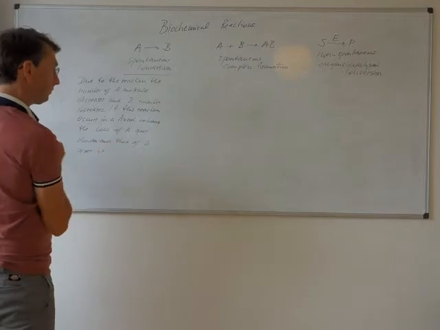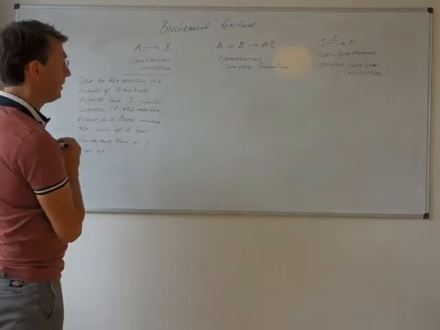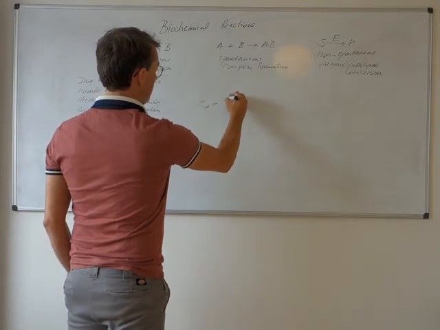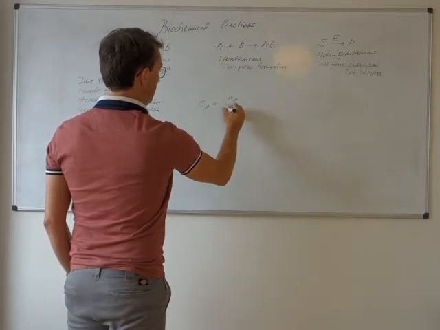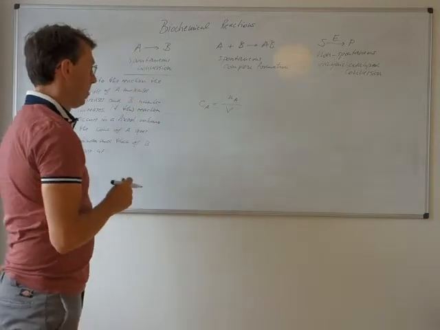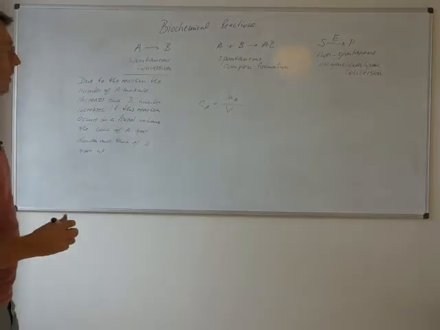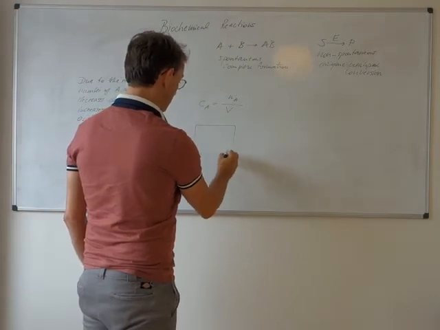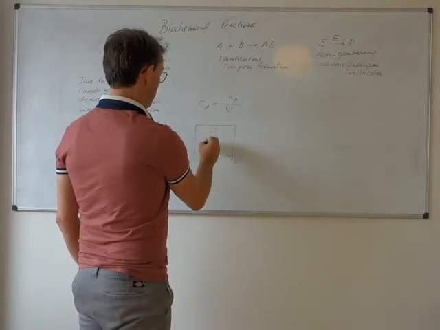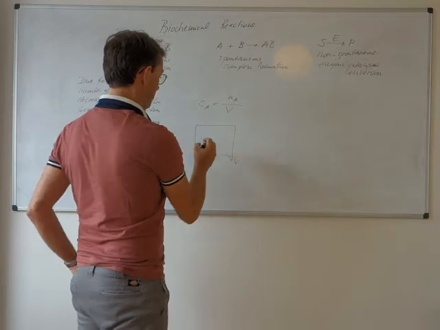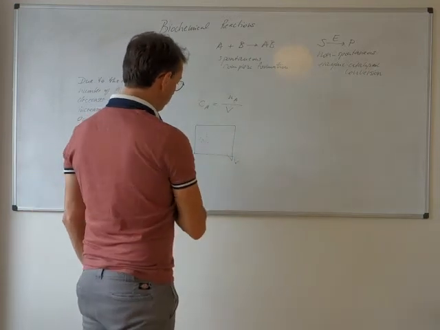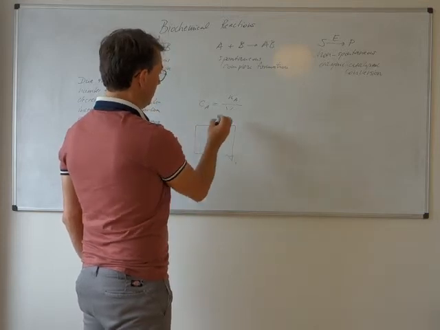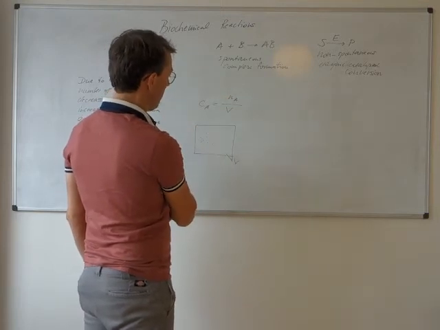Okay? Why is that? Well, the concentration of A equals the number of molecules of A divided by the volume. If I have a certain volume V with a certain number of A molecules, then the concentration is that number of molecules divided by that volume.